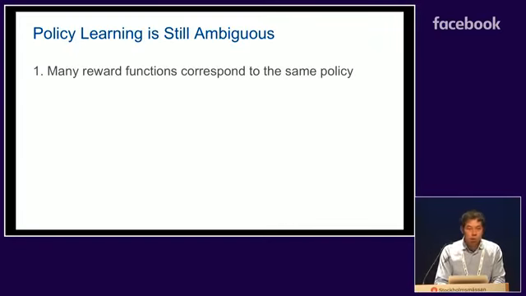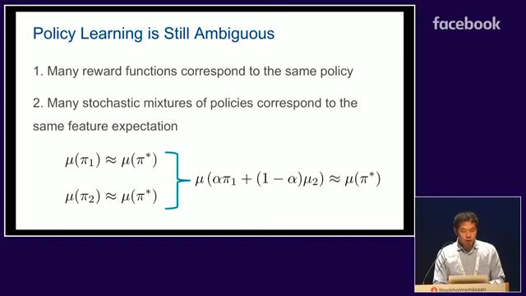So to motivate the maximum entropy method, let's recall that we talked about how, given the same expert demonstration, many reward functions could correspond to the same policy. So we sidestep this problem in a way, and we say, okay, feature matching will give us a near optimal policy anyway. But think about the eventual goal, right?